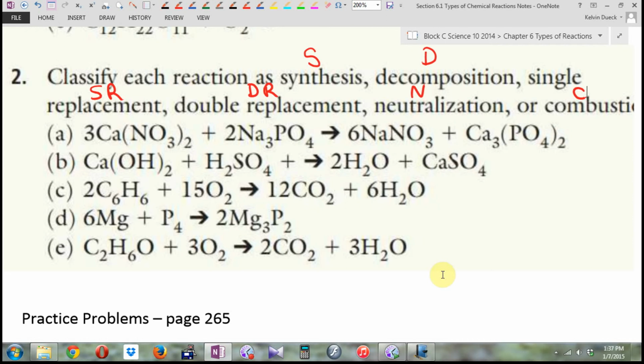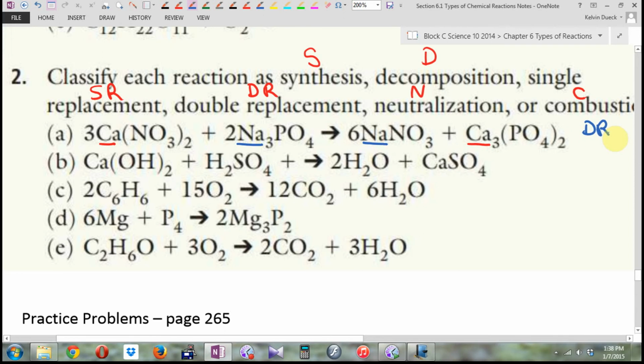I have calcium combined with the NO3, and then later on, calcium is combined with the PO4. I have sodium combined with the PO4, and on the right-hand side, it's paired up with the NO3. What'd you say? Double replacement. I think this is a doctor. Double replacement. You okay with that?